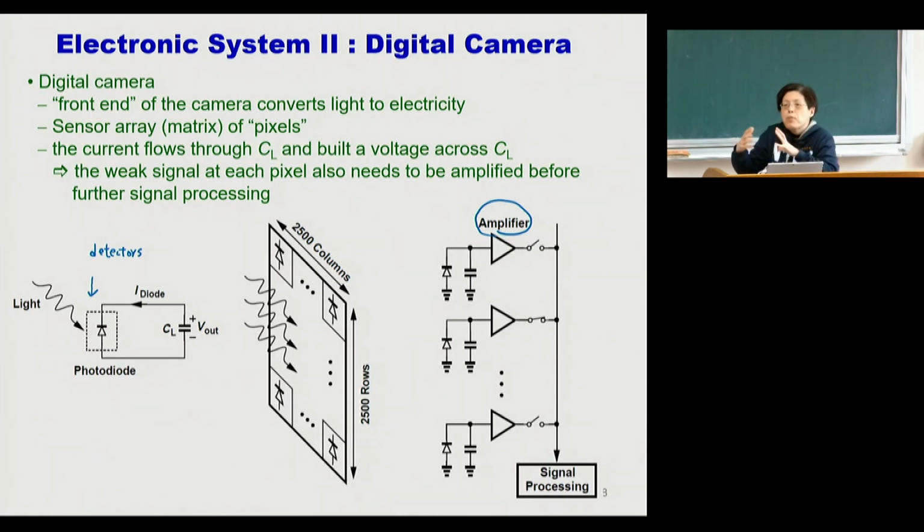So each one of these sensors is combined with an amplifier. You need to know what the purpose of this amplifier is. The amplifier has to contain the signal and then drive it out into the signal path. I have millions of them. They cannot come out together. They have to come out in sequence. So you have to control them through switches.